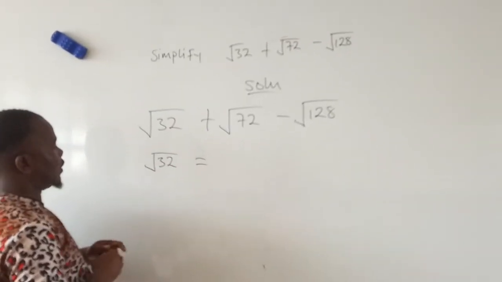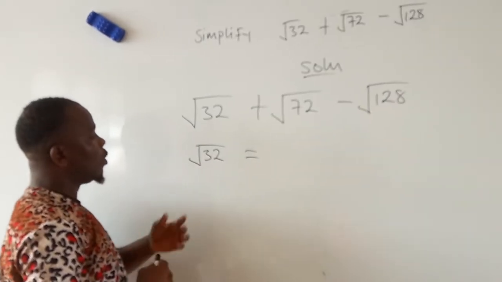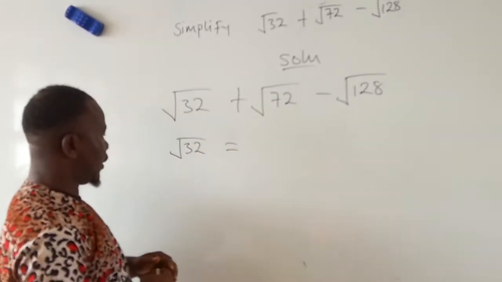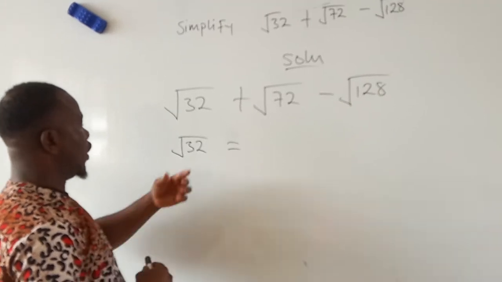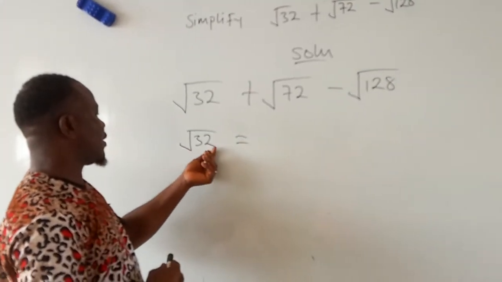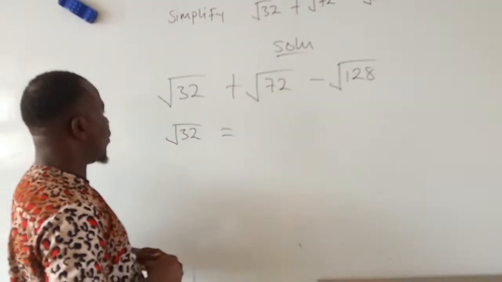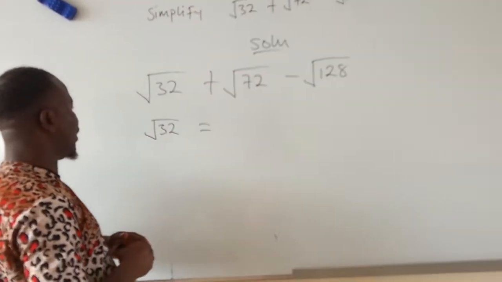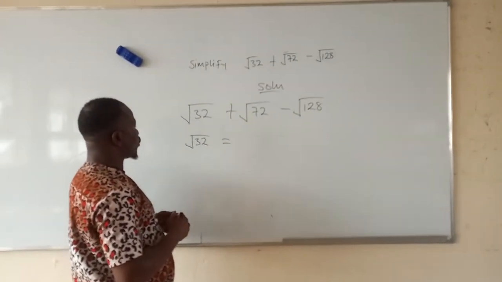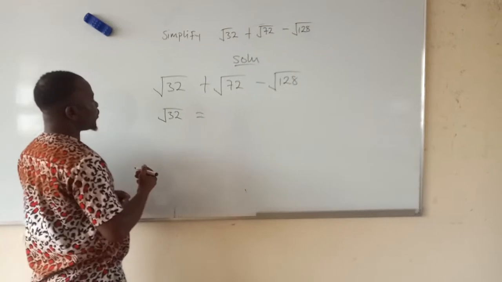Since it is solved, we are going to look for rational and irrational numbers. The rational number means it has a perfect square, while the irrational number means non-perfect squares. So note that, let us look at it this way.